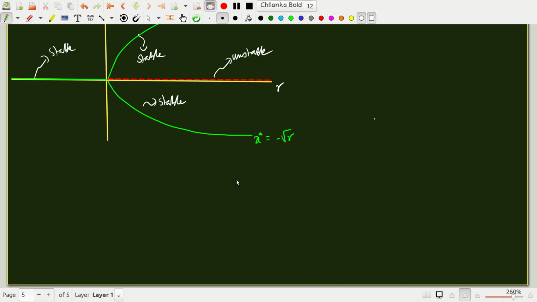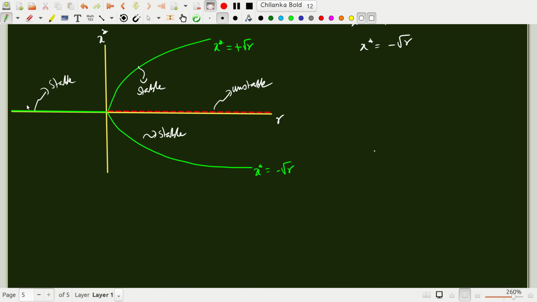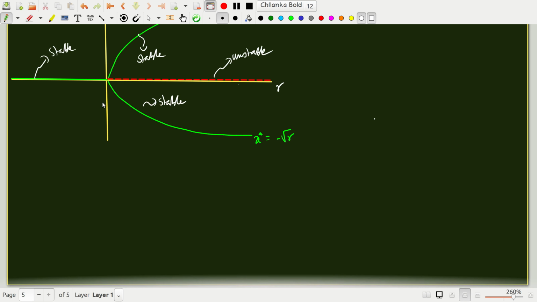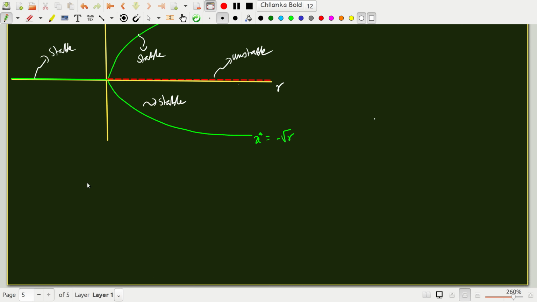Okay, so there is only one solution, one steady state for r less than 0, which becomes unstable at the point r equal to 0, but two new solutions emerge at the point of bifurcation. Okay, now and the original solution becomes unstable.